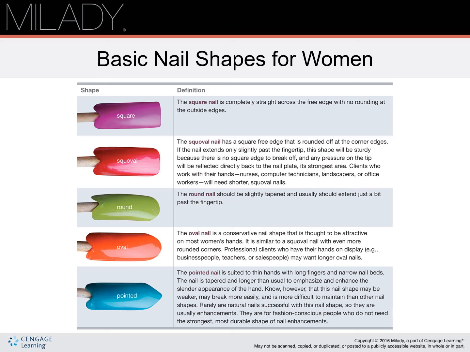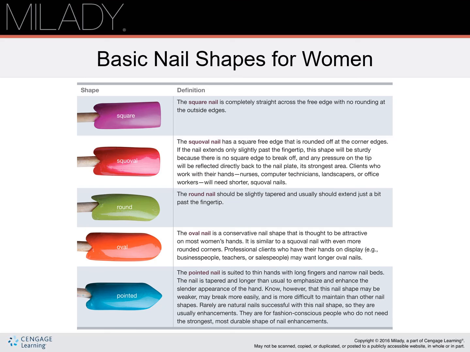Okay, so let's talk about square. The square nail is completely straight across the free edge with no rounding at the outside edges. Length depends on the client's preference. A squoval is a square free edge that is rounded off at the corner edges, so it's square and round together.